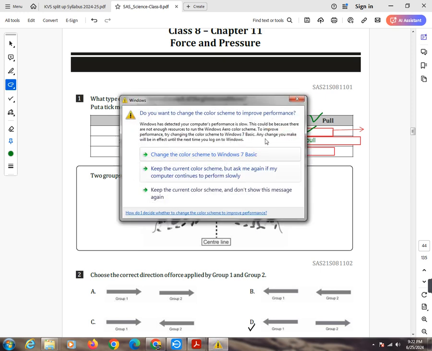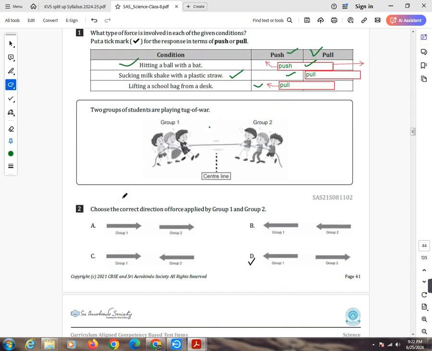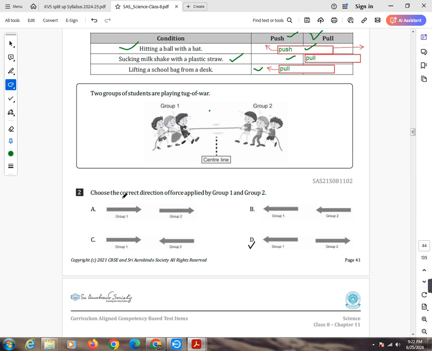Okay. So the next thing is, two groups of students are playing tug of war. As you can see, on the left hand side this is group 1 and on the right hand side this is group 2, and here is the center line in the middle, shown with the help of this rectangle.